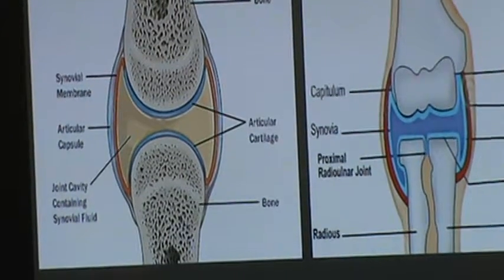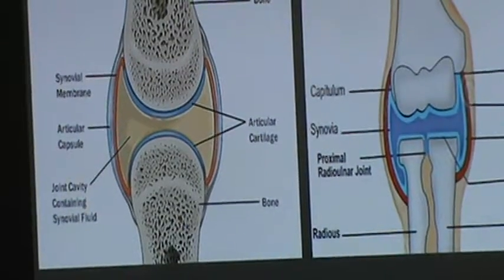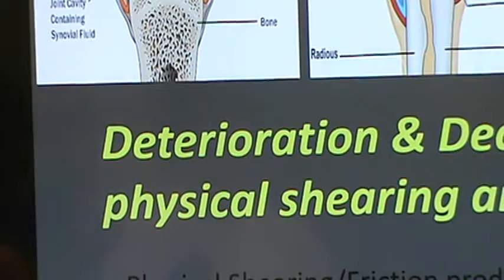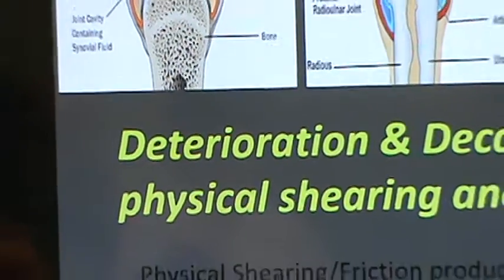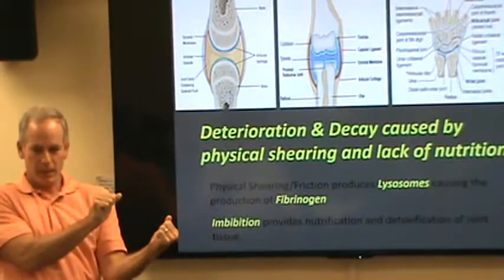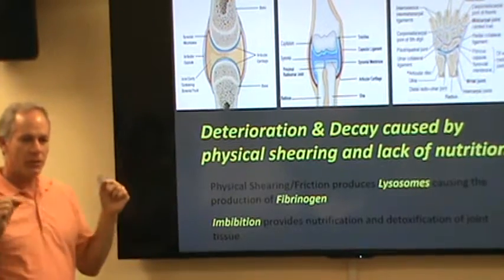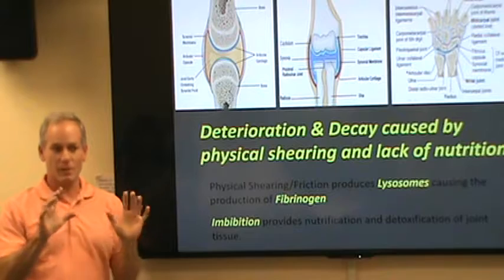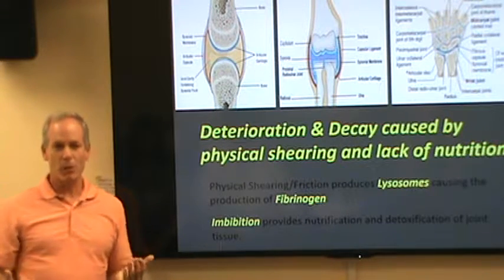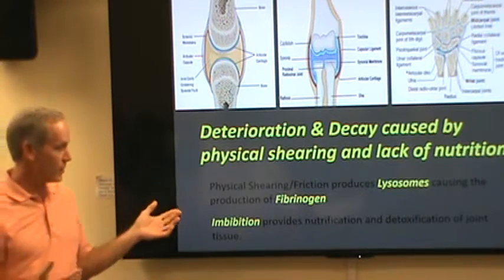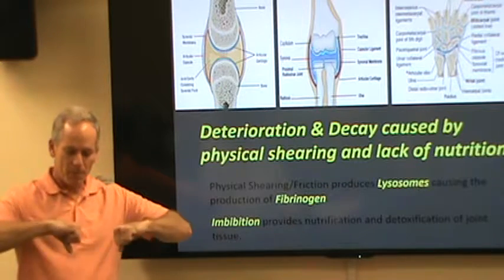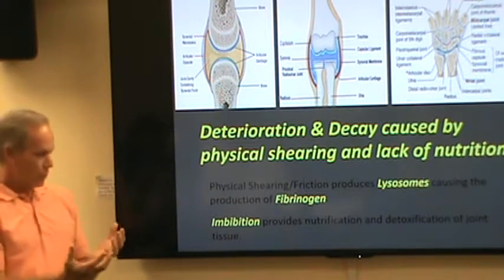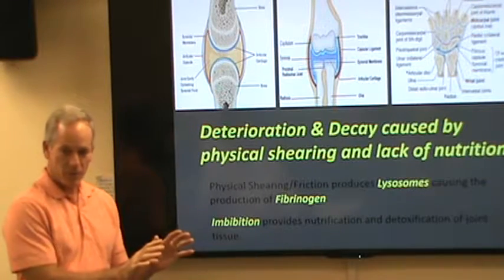Imbibition is a great word, and what it means is movement. By movement, it pushes fluid out and pulls fluid in. Because cartilage and discs, all cartilage everywhere, do not get their own blood supply, they rely upon imbibition, proper motion and movement through that joint, to draw in the nutrients and push out the toxins.